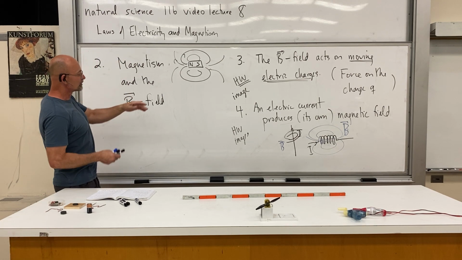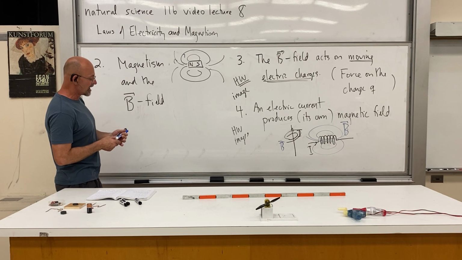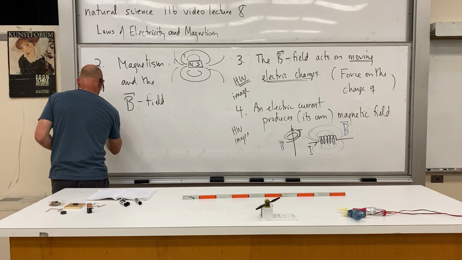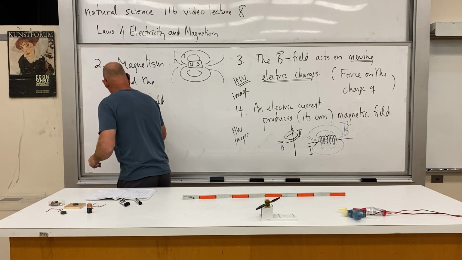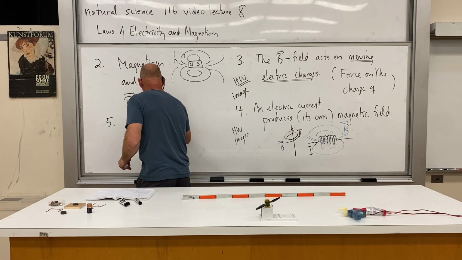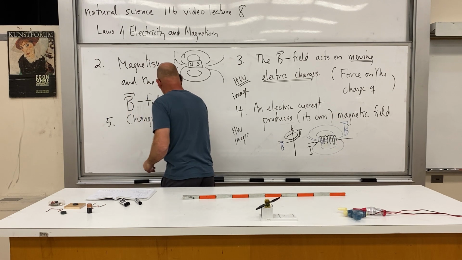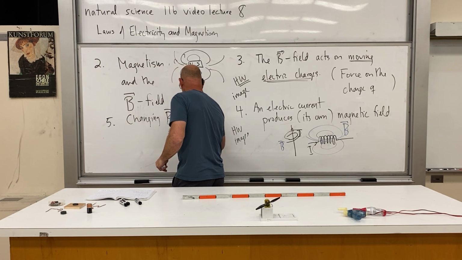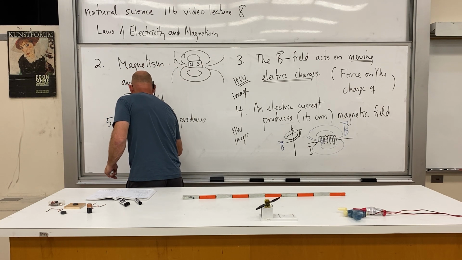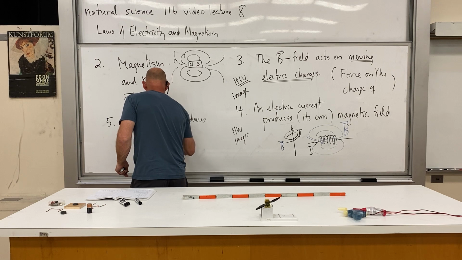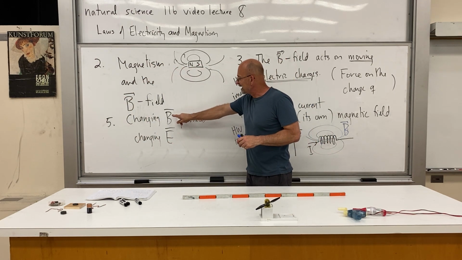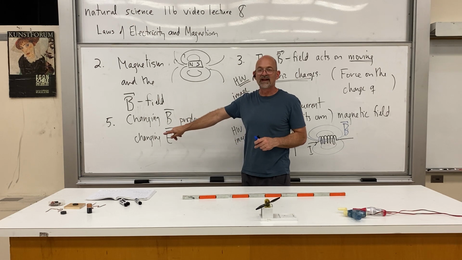So it shows that electrical and magnetic phenomena are very close, intimately intertwined. Okay, so that was my 4th point, and my 5th point will kind of complete the entire set, and that is changing B produces changing E. In the sense of oscillations, if you have an oscillating B field, you're going to get an oscillating electric field.